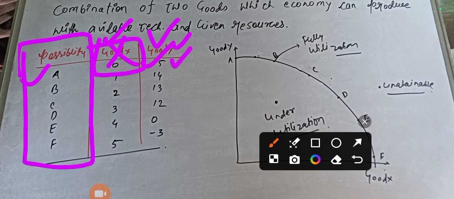Now if we take the second possibility, then we distribute the technology and resources among the two goods. How? If we increase one unit of good X, then the production of the second good Y will reduce. Here you can see, when we increased good X production, good Y production falls by 1 unit.